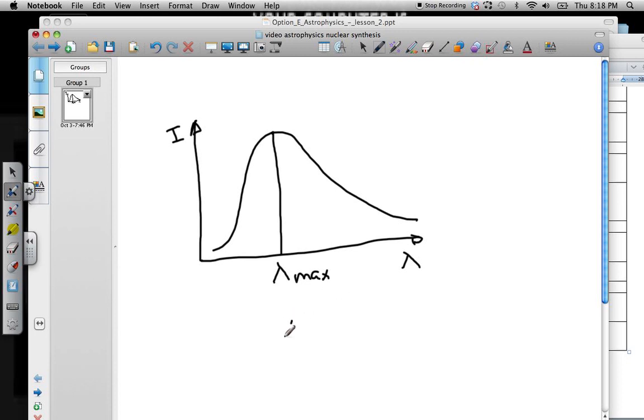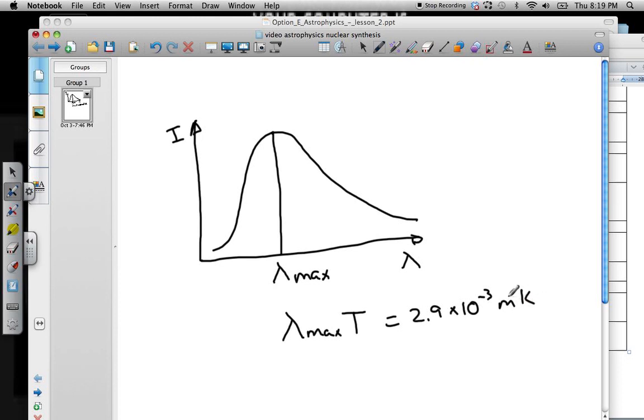That lambda max times the temperature of the object equaled a constant. And that constant is actually 2.9 times 10 to the negative 3. Obviously, the lambda is in meters and the temperature is in Kelvin, so the unit of that.